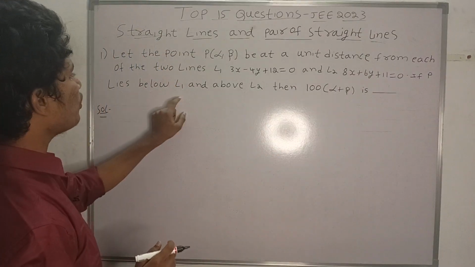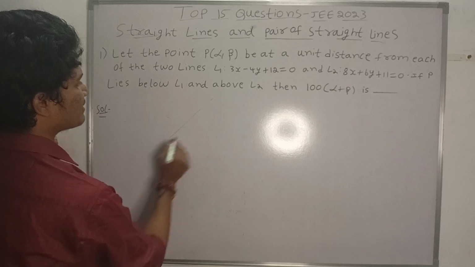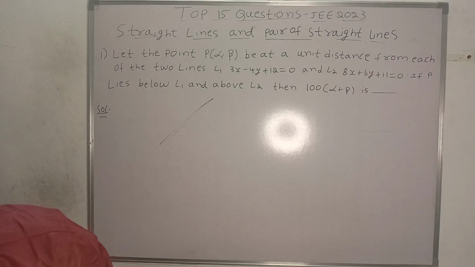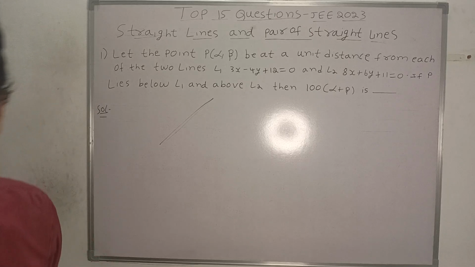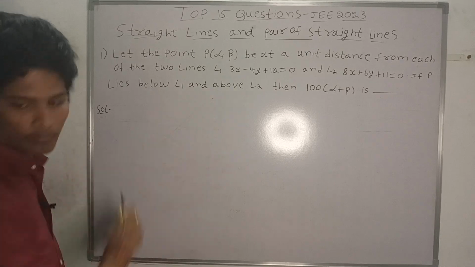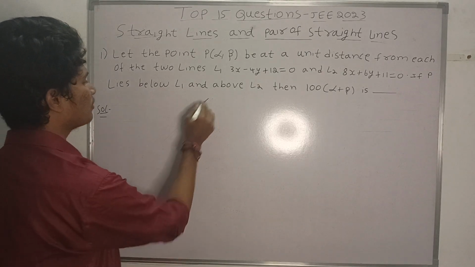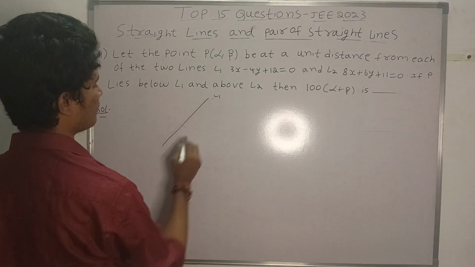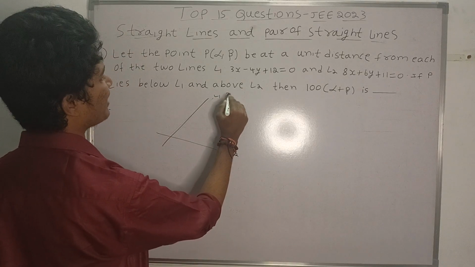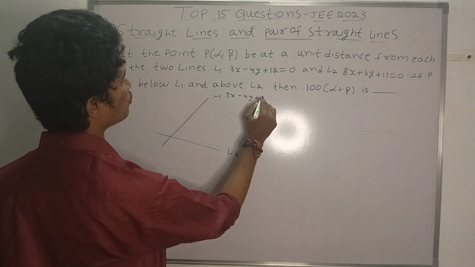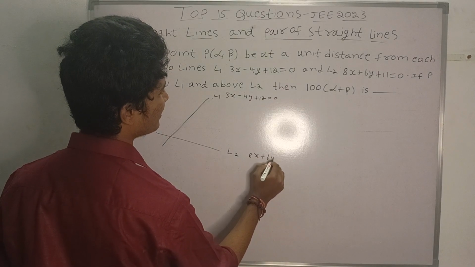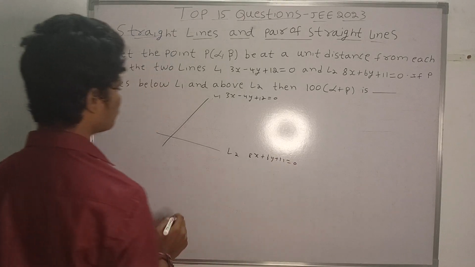If P lies below L1, suppose we take this as the line L1, and this as the line L2. The first line equation is 3x minus 4y plus 12 equal to 0, and the line 2 equation is 8x plus 6y plus 11 equal to 0.